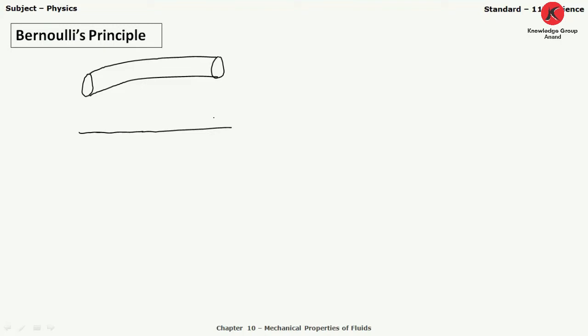Suppose here we have considered one pipe as shown in the figure, having this distance h1 and this distance to be considered as h2, right? And these distances h1 and h2 are from the ground level.